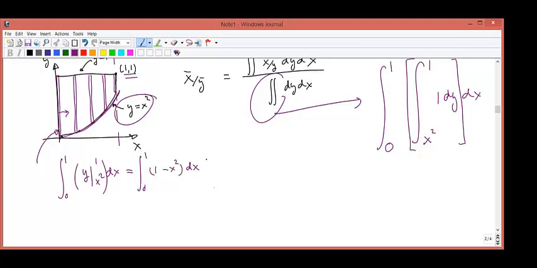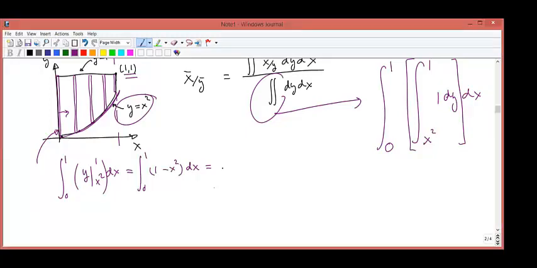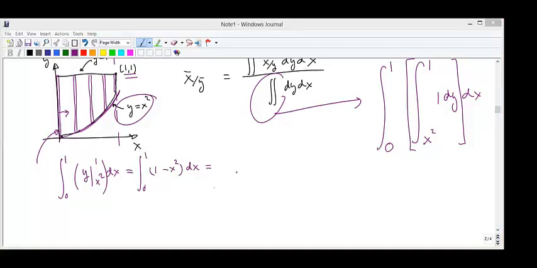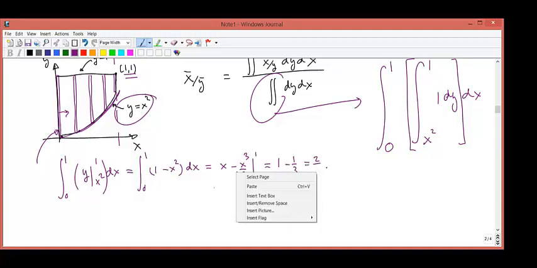Easy. 1 becomes x, and x² becomes x³ divided by 3, evaluated between 0 and 1. So we have 1 minus 1/3 minus 0, which is 2/3. So 2/3 represents the area of that shape.